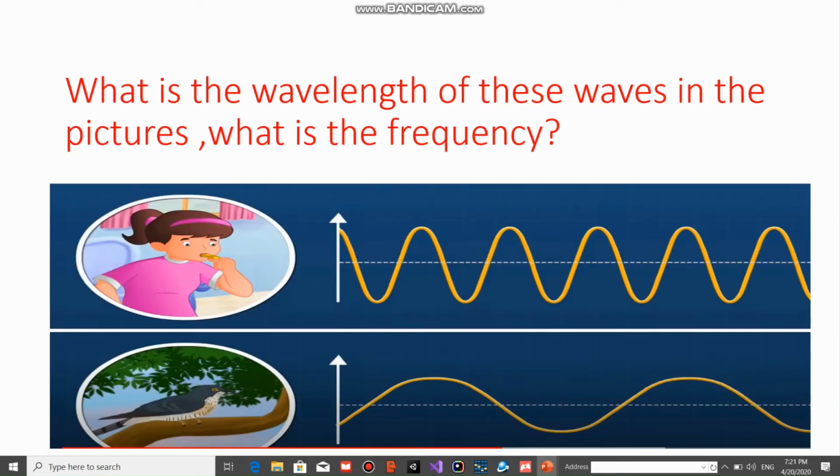Question: what is the wavelength of these waves in the pictures, and what is the frequency? So please send to me. Yes, I will wait. So send me the answer.